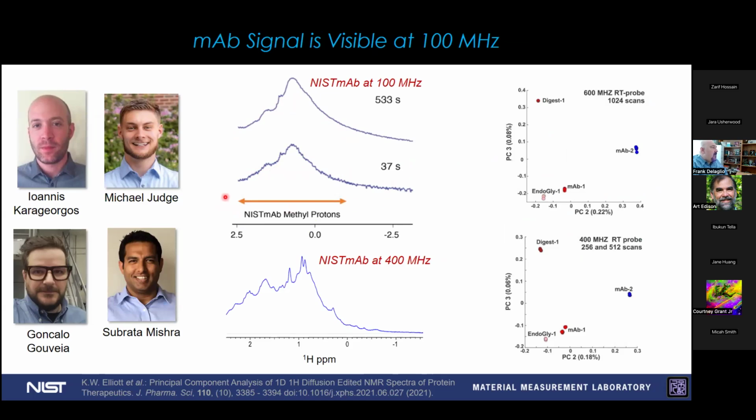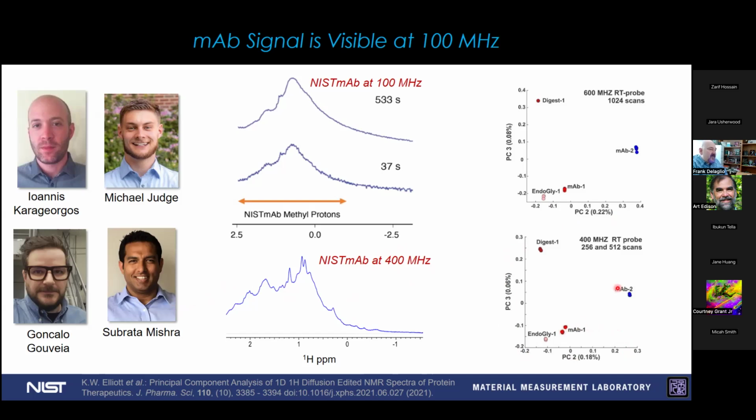Okay. Now, when you look at this signal on the benchtop, it does seem to be mostly a blob, but we've seen from previous studies that similar proton spectra that we measure, say, at 400 megahertz or even 600 megahertz have substantial information about monoclonal antibody structure.